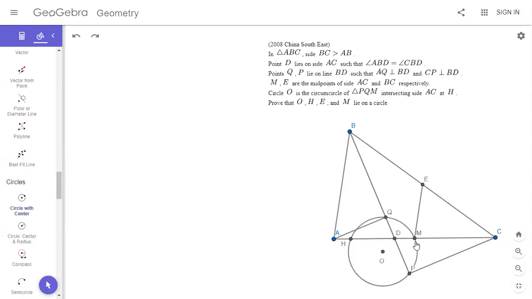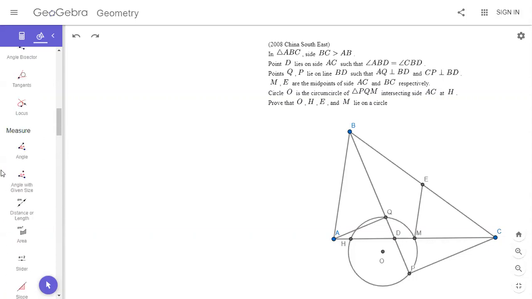And AQ is parallel to CP, but CP isn't equal to AQ. CP is bigger than AQ, right? Yeah. If we can prove MQ passes through the midpoint of AB, then we can project.